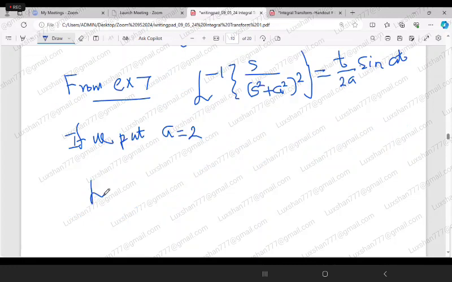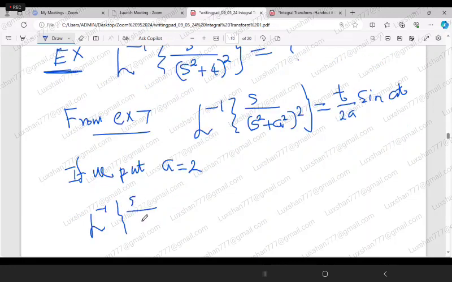then you can write the inverse Laplace transform of s over (s squared plus 4) all squared is equal to t over 4 into sine 2t.